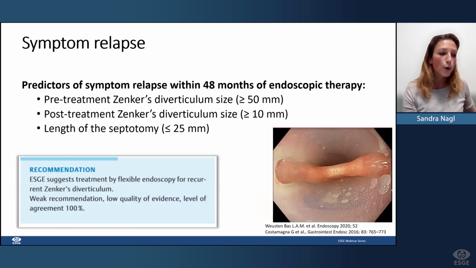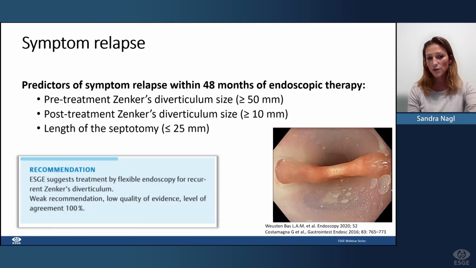Then I think an important point to consider is what we should do when a patient has a relapse of his symptoms after he has already been treated. There are some predictors of symptom relapse within 48 months of endoscopic therapy.